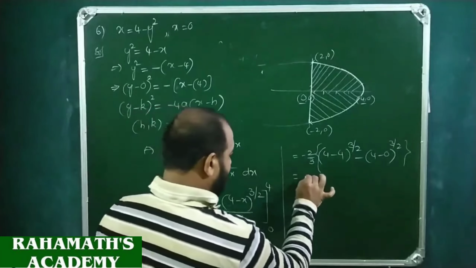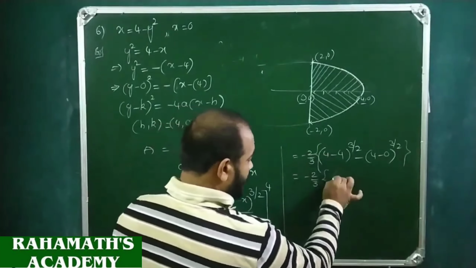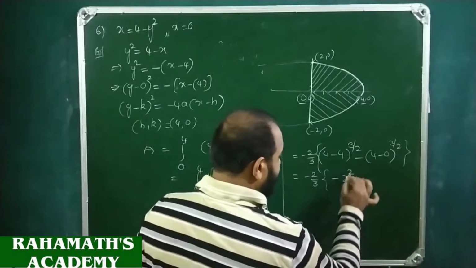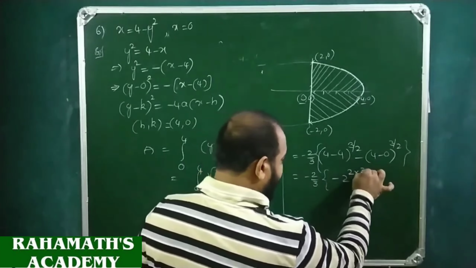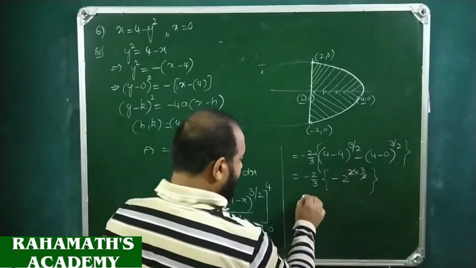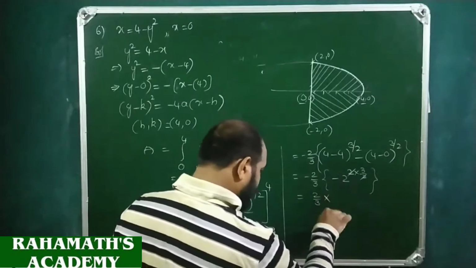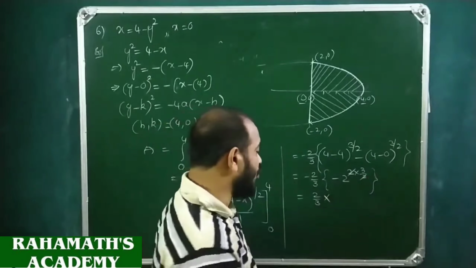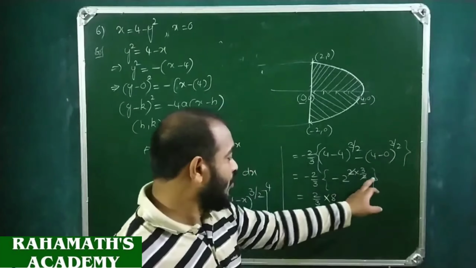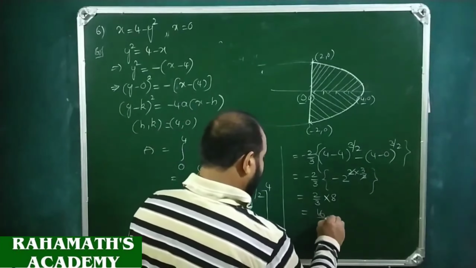This is 0. 4 is 2 square, whole power 3 by 2. So minus into minus is plus, 2 by 3 into 2 cube, 8. 2 cube is 8. So 2 8s are 16 by 3.